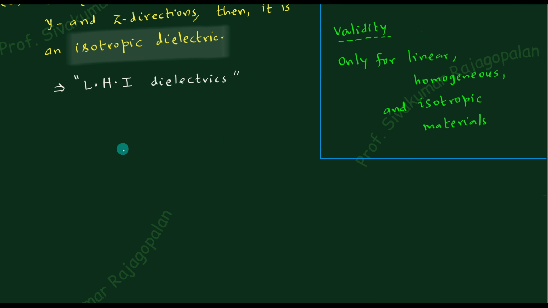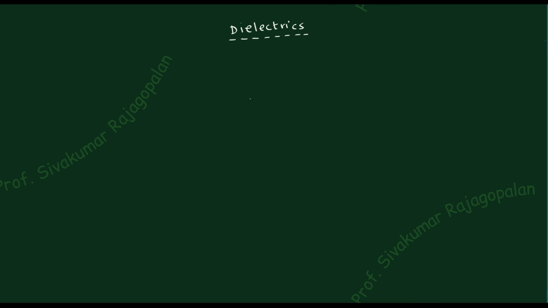So I will now write down how the dielectrics are classified based on isotropic and anisotropic. So I'll go to another place. Let me move, and here let me write down how the dielectrics are split.